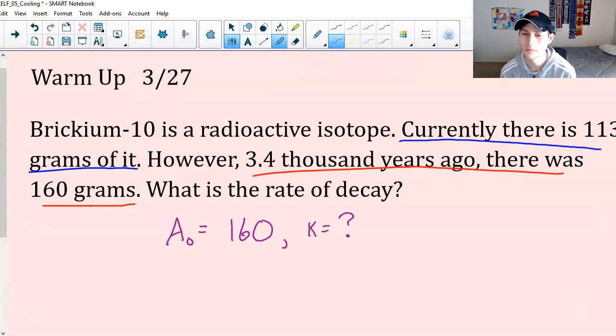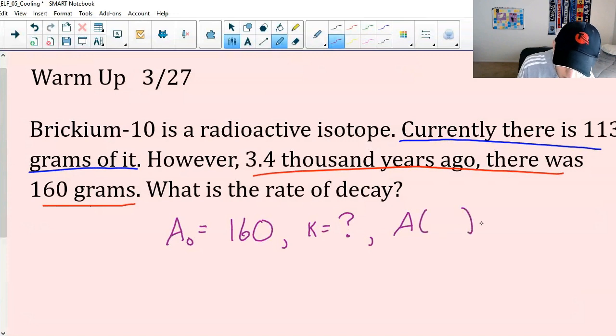K, we do not know, and that makes sense because the question asks us, what is the rate of decay? And the other thing I know is that it decayed from 160 down to 113 grams.